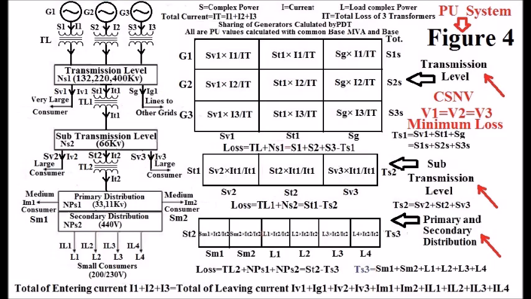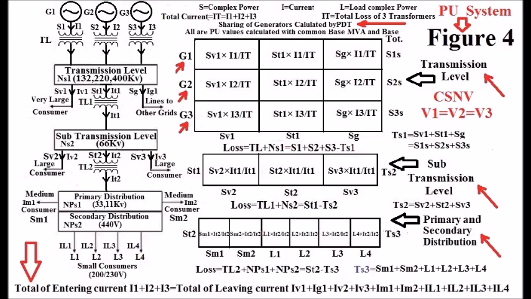The per unit current balance for the entire general power system is shown at the bottom of the figure 4. Each generator share of any load at any level of the entire power system can be calculated immediately using the Power Division Theorem.